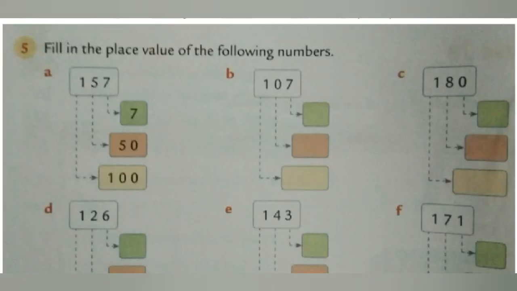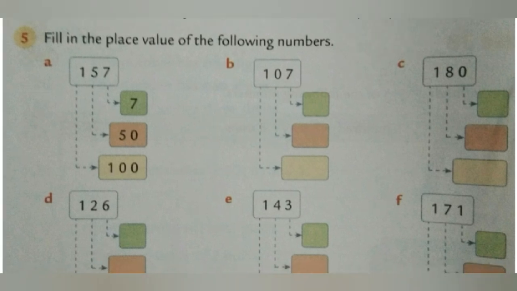Moving on to the next page, page number 14. The question that we can see is: fill in the place value of the following numbers. Here we simply need to tell the place value of the given numbers. Let's check out C. 180. The number given to us is 180.